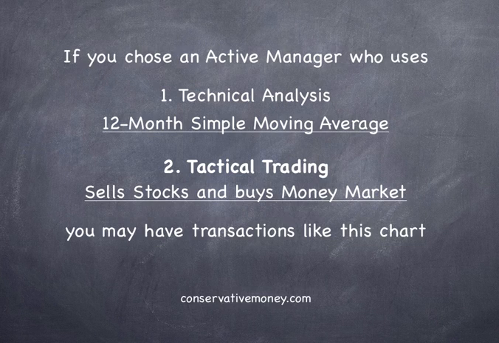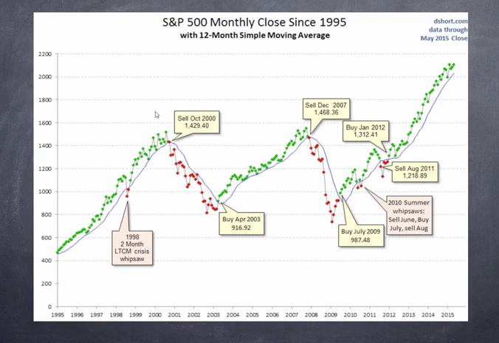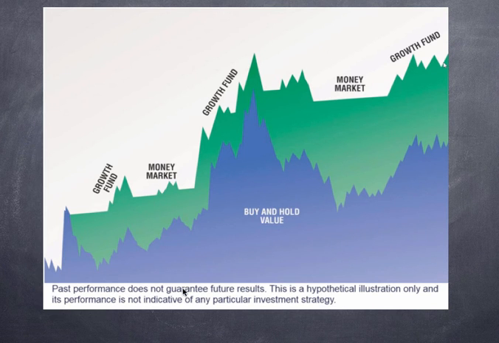If you choose an active manager who uses both technical analysis, as we saw before, and tactical trading, you will have these same trades on a technical basis, but your chart on a tactical basis, once it's combined with technical, looks like this, where a buy and hold value will go up and down.